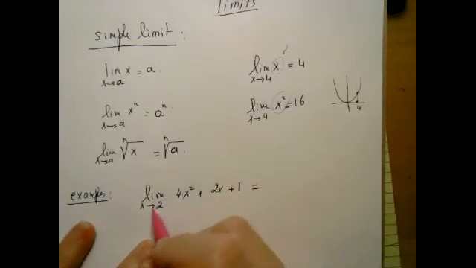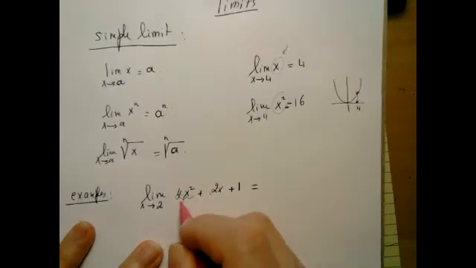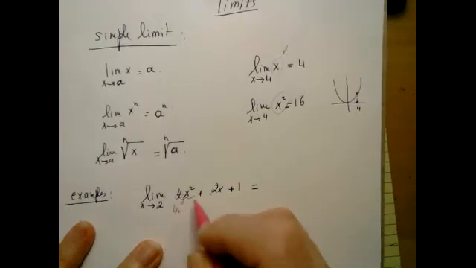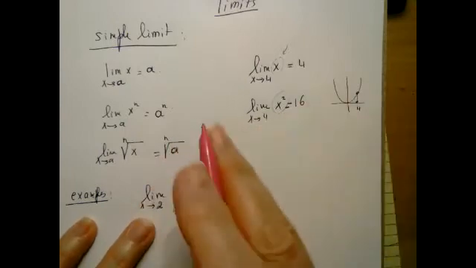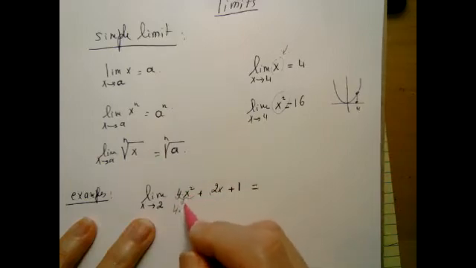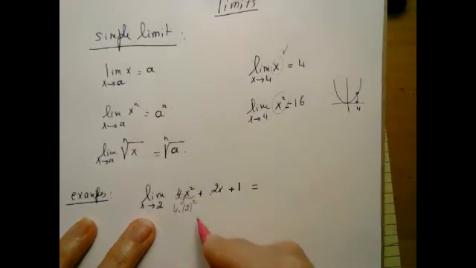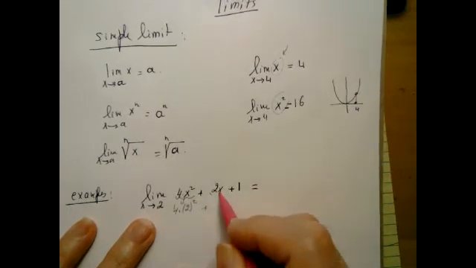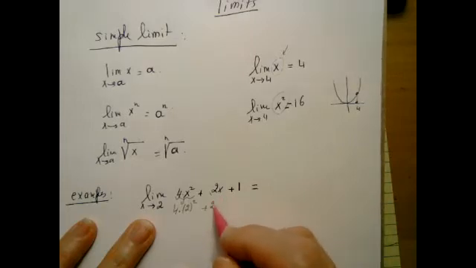Let's do it step by step. When x becomes close to 2, this will become close to 4 times 2 squared. So when I plug in values close to 2 here, 2.01, 2.001, 1.99, this is really going to get values close to 2 squared. So we're just really plugging in. Here also, when I take values close to 2, like 2.01, it's 2 multiplied by 2.01. So this will be close to 2 times 2.